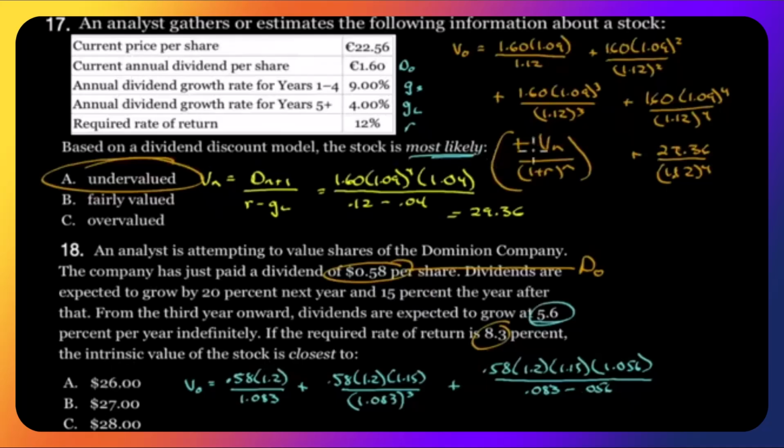That'll give me Vn over 1.083 brought back, and that's to the power of 2, brought back to 1.083 to the power of 2.